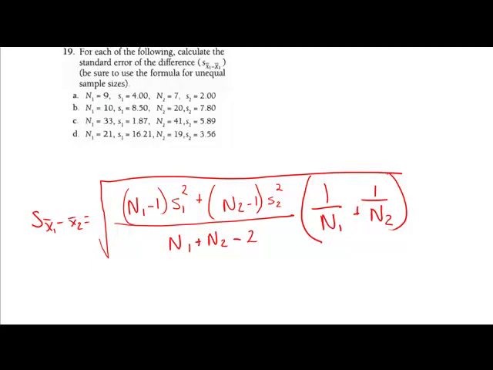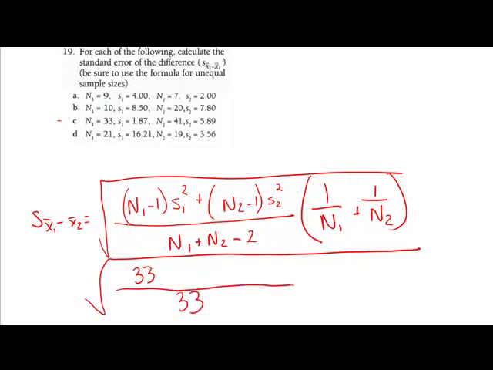First step, let's just plug in all the numbers. N1. Let's pick one to do. Let's go ahead and do C. N1 is 33, and S1 is 1.87.